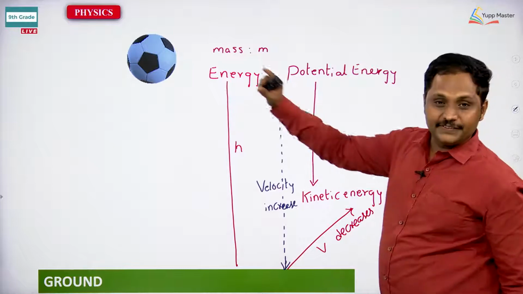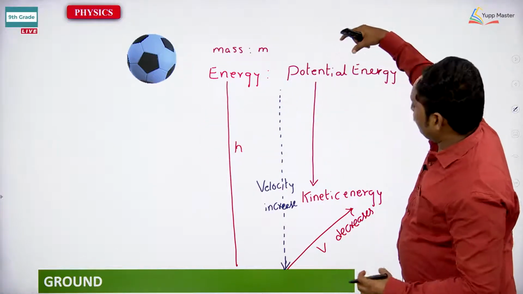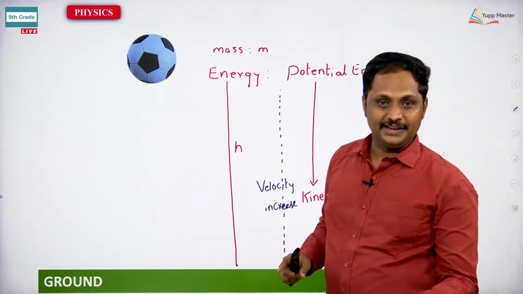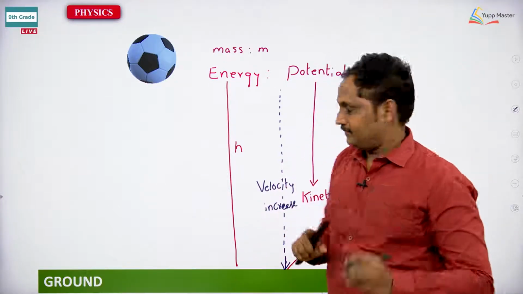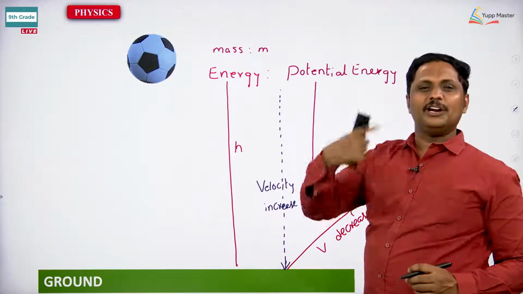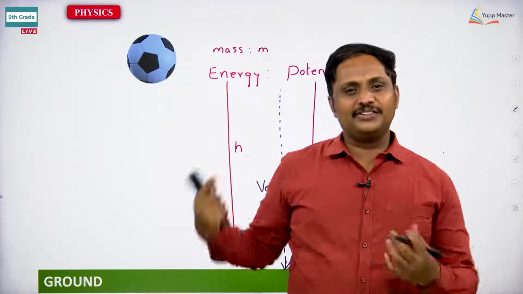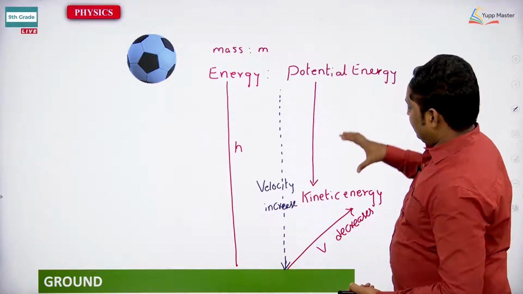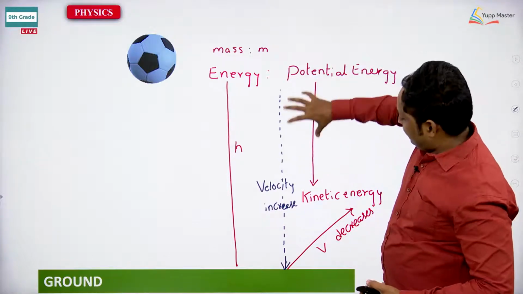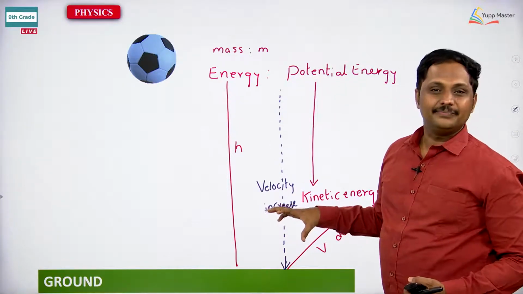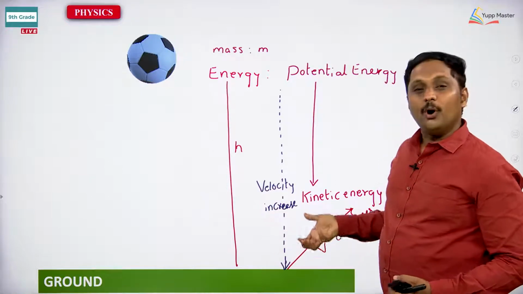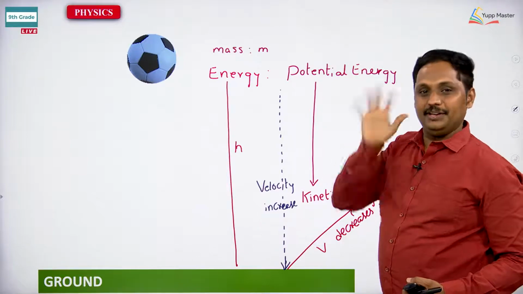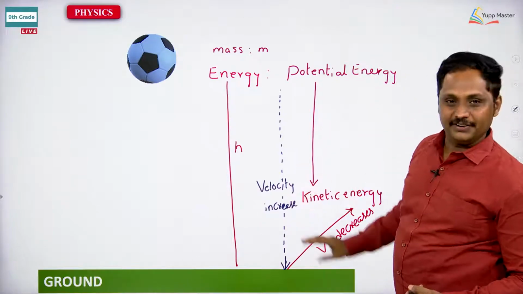Please identify this. First of all, the energy is going to be converted, all right. Its potential energy is going to be converted into kinetic energy. It was utilized in the form of kinetic energy, no doubt at all. Can you say that the velocity is increasing? After the first bounce, its velocity is going to decrease gradually.